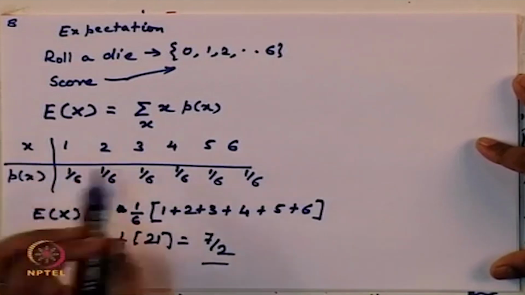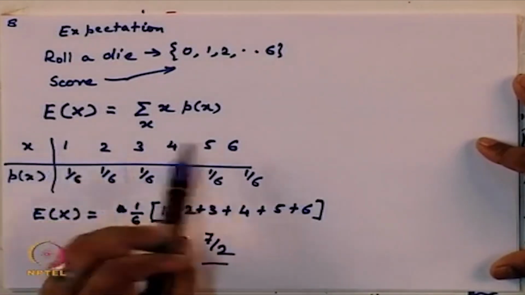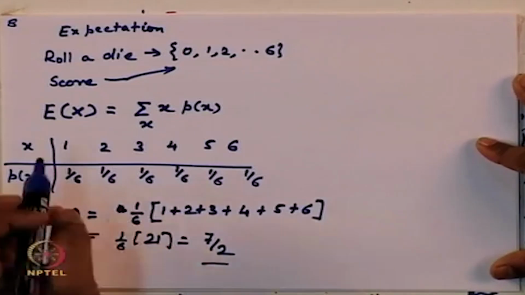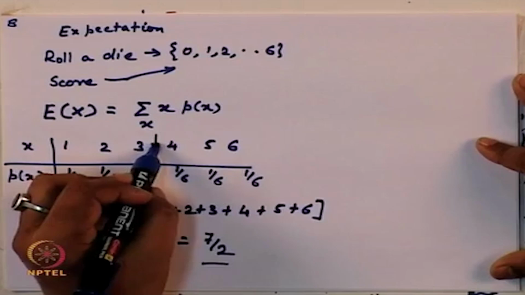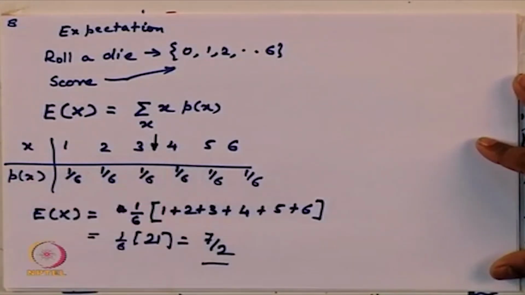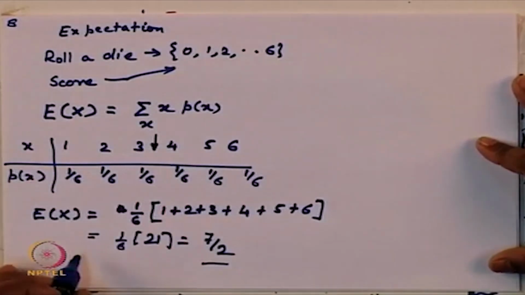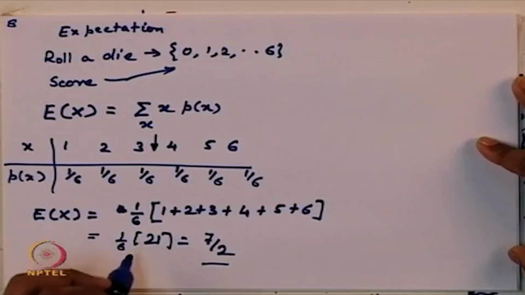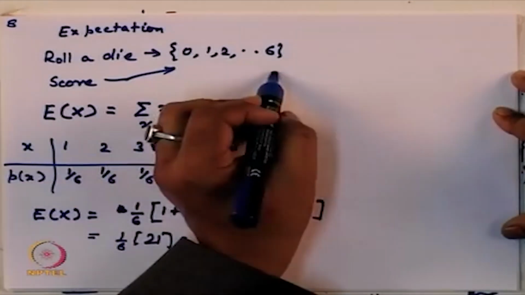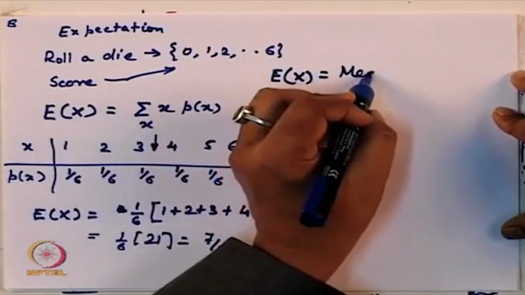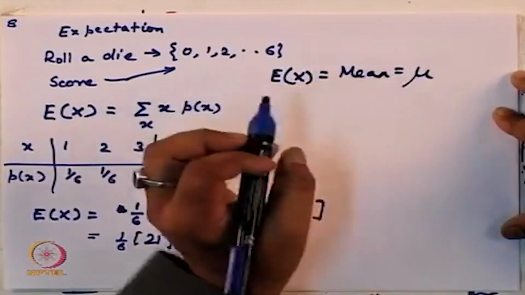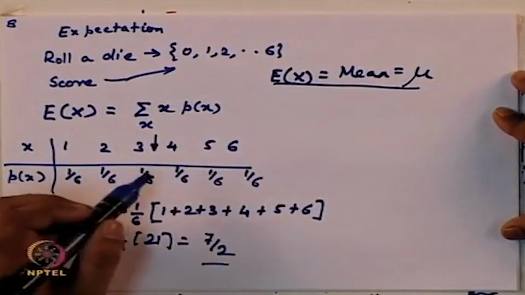It is the average. On an average, your average of 1, 2, 3, 4, 5, 6 is nothing but 7 by 2. So, in general, it is always true that the expectation of x, E of x, is nothing but the mean. E of x is always going to be the mean.